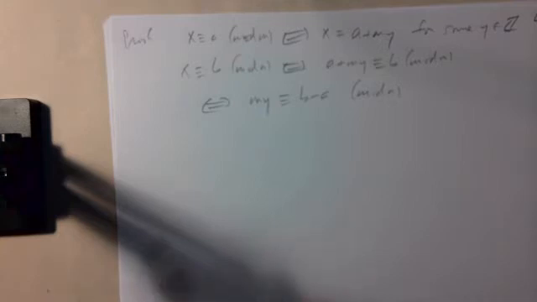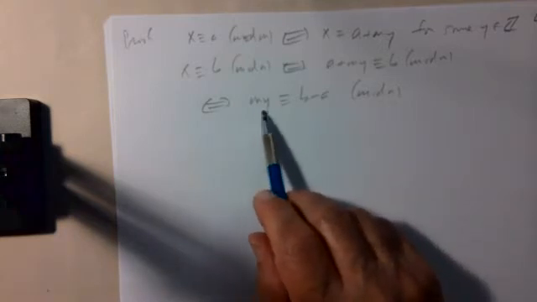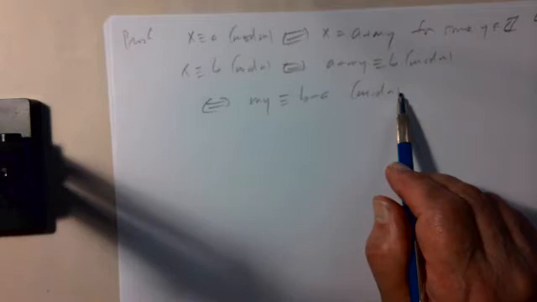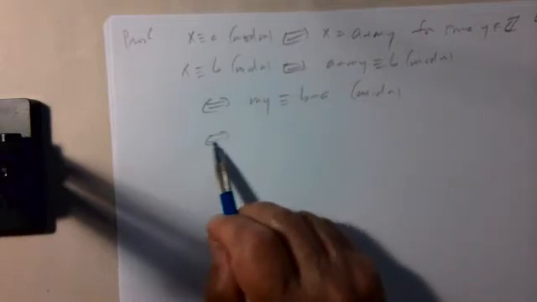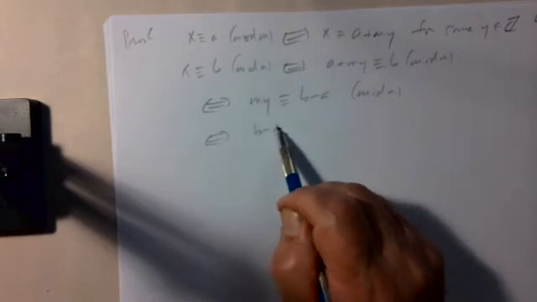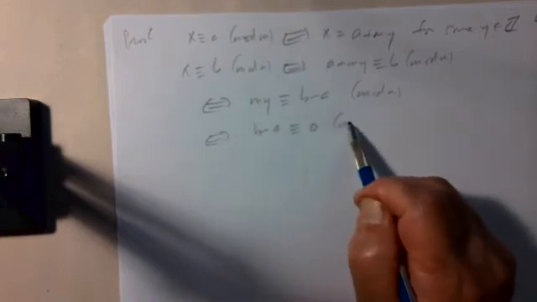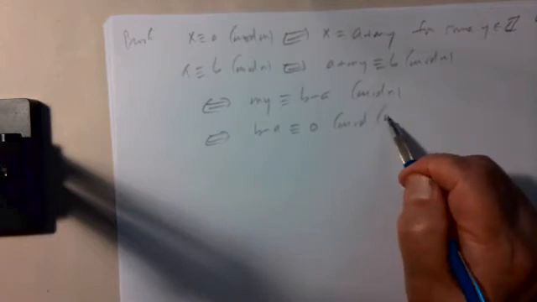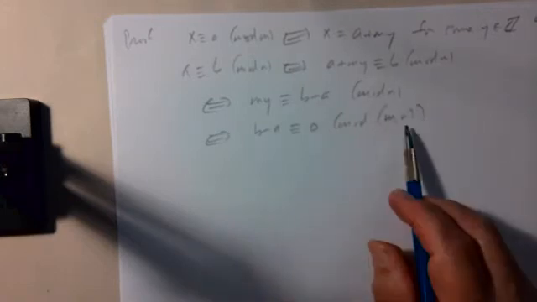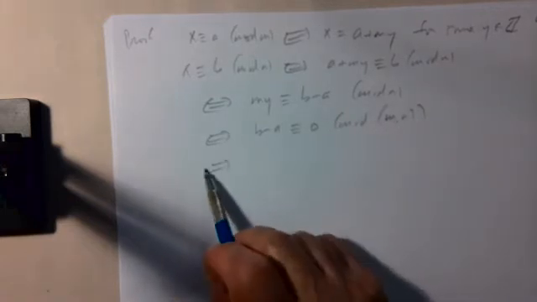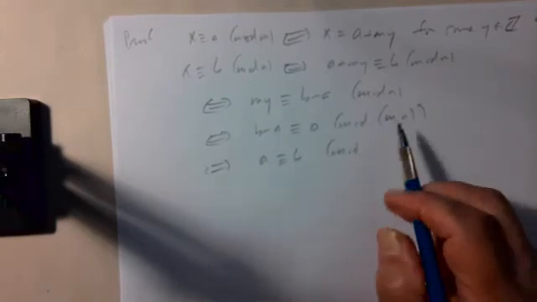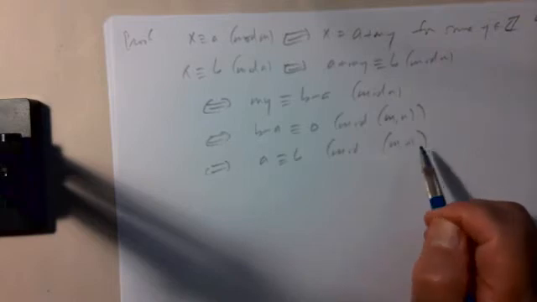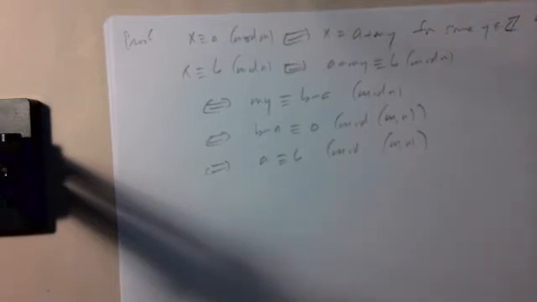And by our theorem about linear congruences, we can solve this linear congruence. That means we can find a y that satisfies this congruence if and only if b minus a is congruent to 0 modulo the greatest common divisor of m and n. And this is the same as saying a is congruent to b modulo the greatest common divisor of m and n.